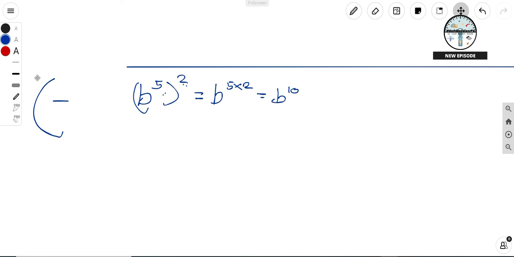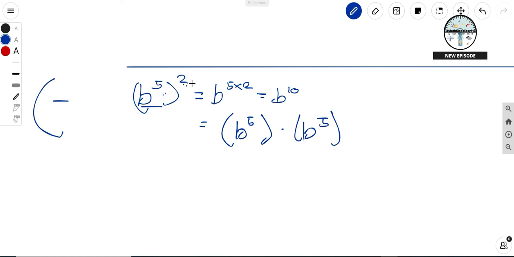I'm going to explain it to you. If we expand this, that is just equal to b raised to 5 times b raised to 5.